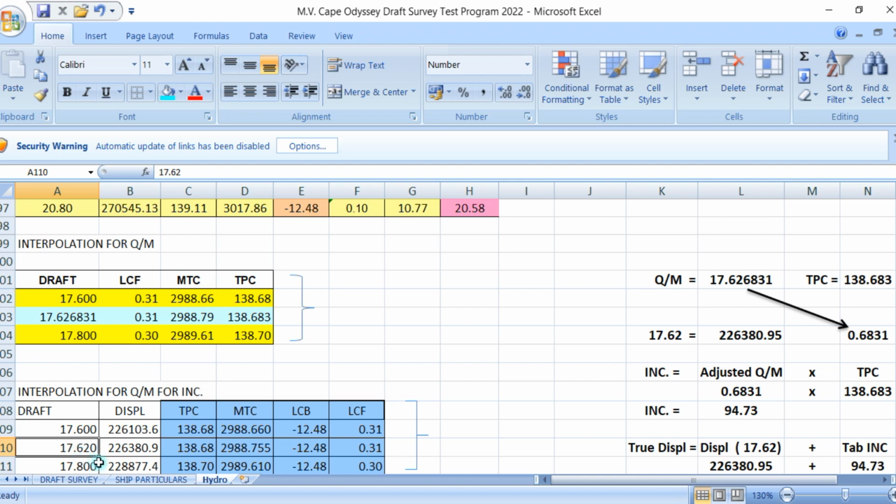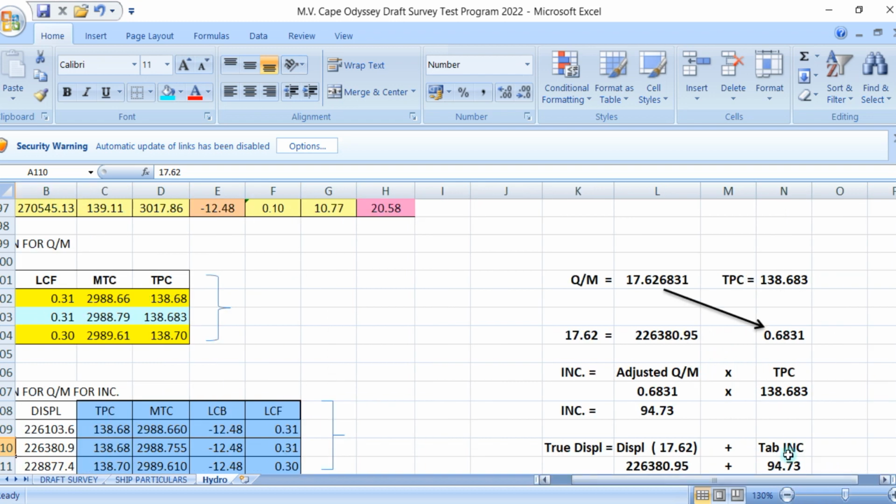We take out this one, delete this one, erase it, and you put it back. Then you have a displacement of 17.62. That will be 226380.95. Okay.